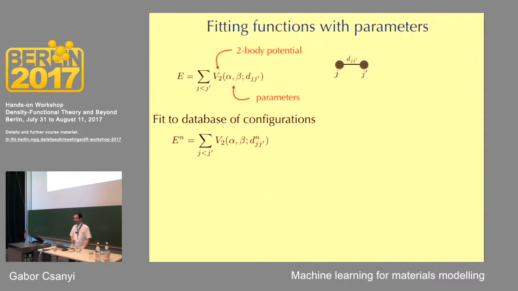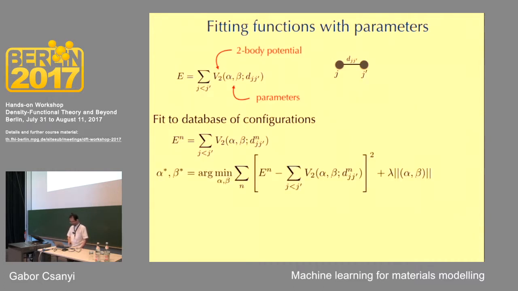If you get yourself a few example configurations, let's say you compute some total energies with DFT, then you can write an equation with the total energies on the left, your ansatz for a given alpha and beta on the right, and you have a number of these, and you try to make them equal. And you can do that by optimization.